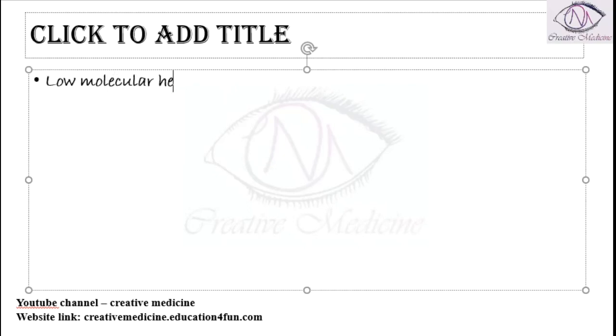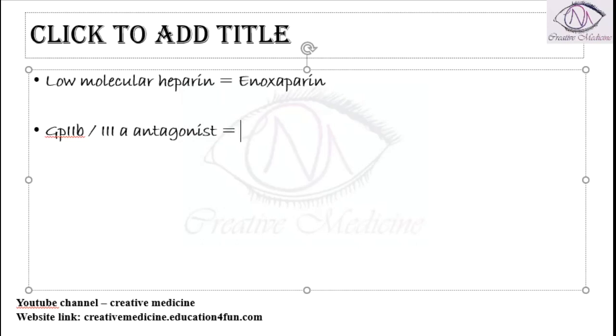Low molecular weight heparin is given, mainly drugs like enoxaparin. Then we can also give GP2B3A antagonists like tirofiban. Where do you use these?